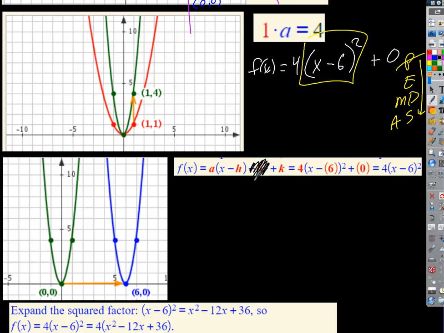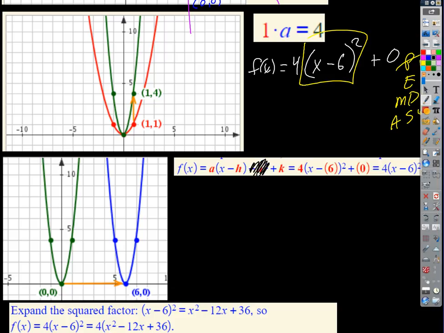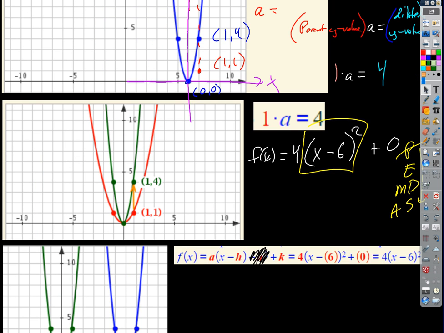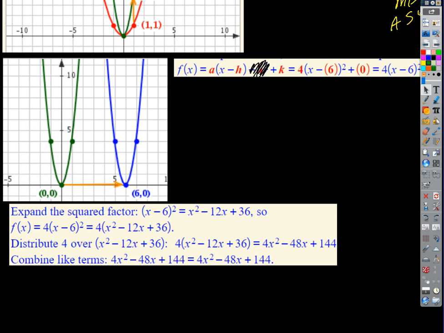This is literally taken from the solutions. I'm going to take x minus 6 squared, and multiply it out. If you don't remember the pattern, I don't care. Just multiply it out. X minus 6 squared is x minus 6 times x minus 6.